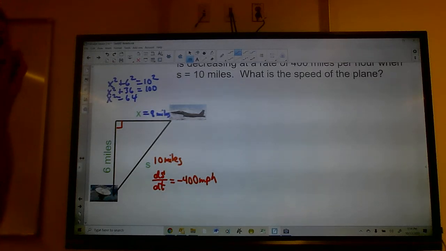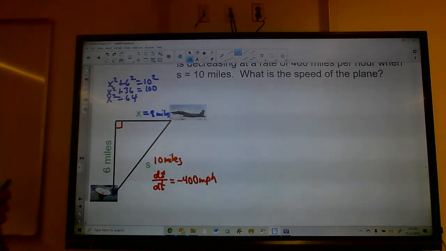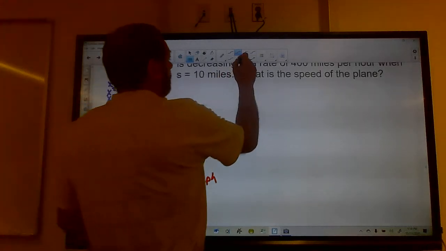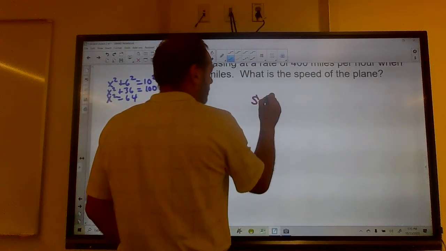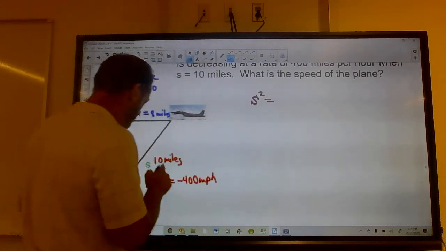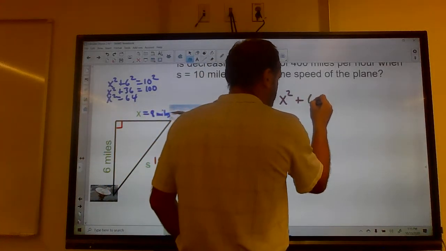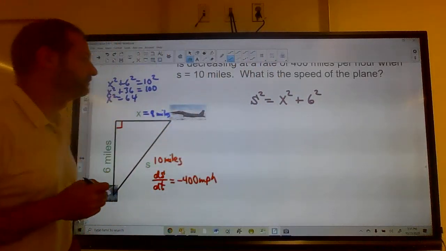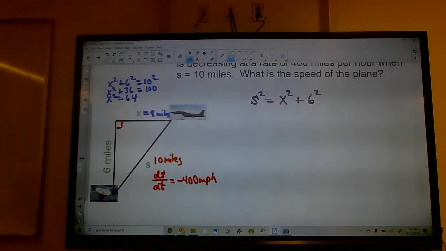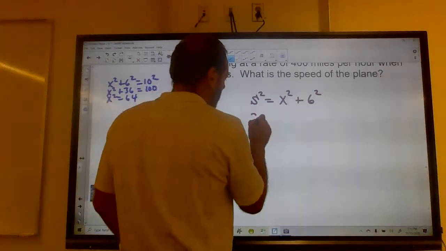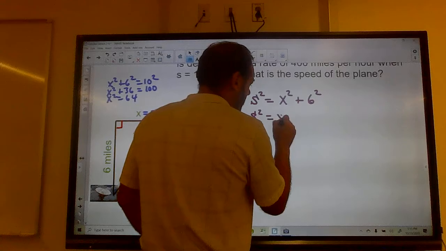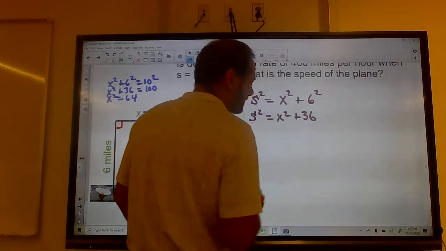Well, we have a related rate. We know that S squared is equal to X squared plus 6 squared. So S squared equals X squared plus 36.